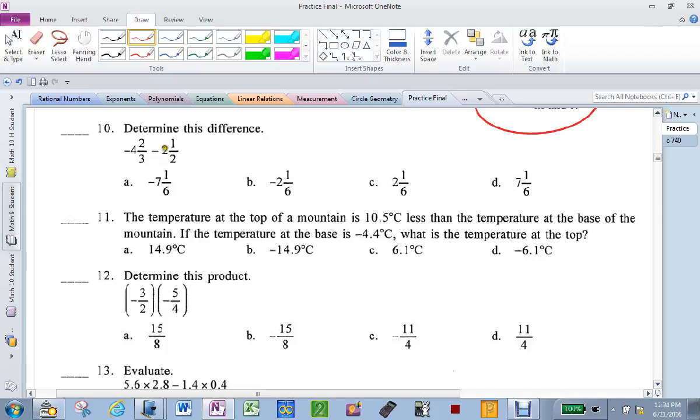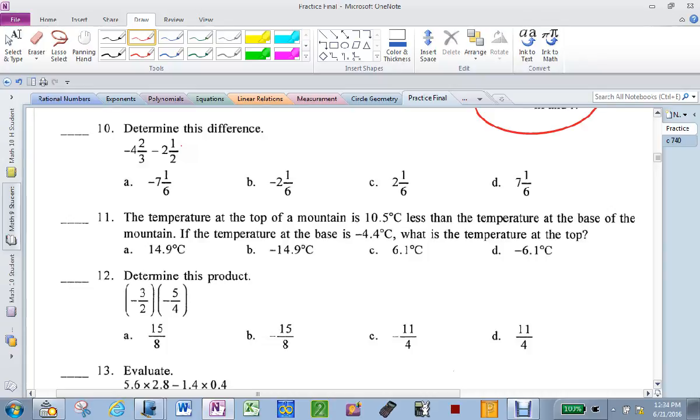Subtraction. Yeah? So you're going to subtract this, right? What should you do before you do any work?